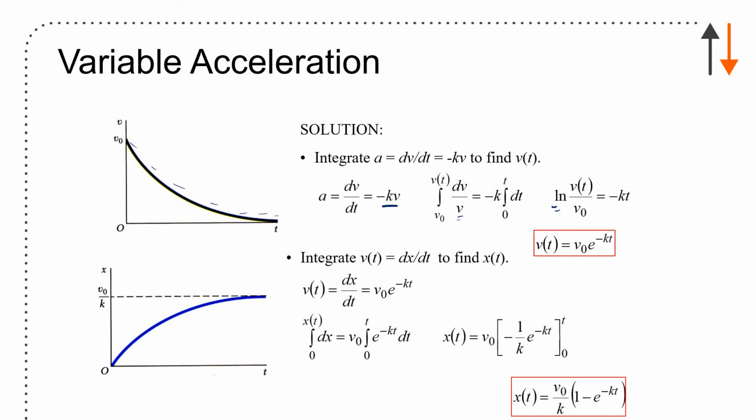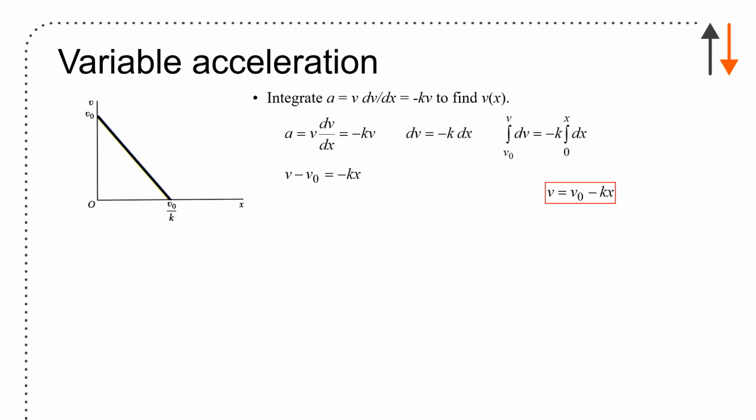That's just the integral. And so x(t) is now v0 over k times 1 minus e to the minus kt. With increasing time, it's approaching another asymptote, which is v0 over k, because e to the minus kt doesn't quite hit 0, but it hits it close enough for engineering purposes.